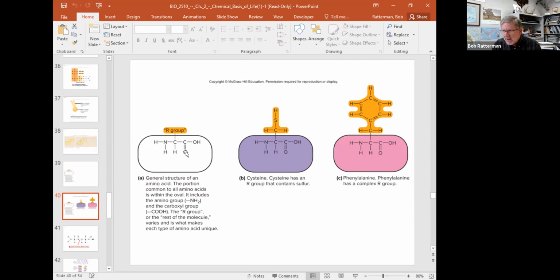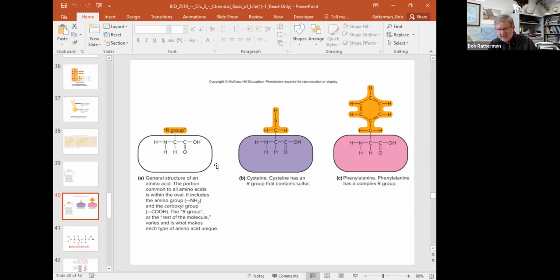This carbon double bonded to an oxygen bonded to an OH, this is called an acid or a carboxyl group. So all amino acids have an amine group and an acid group, as evidenced by the white, purple, and pink zones of 3 different amino acids. They all share that same chemistry. So what makes these 3 amino acids different from one another?